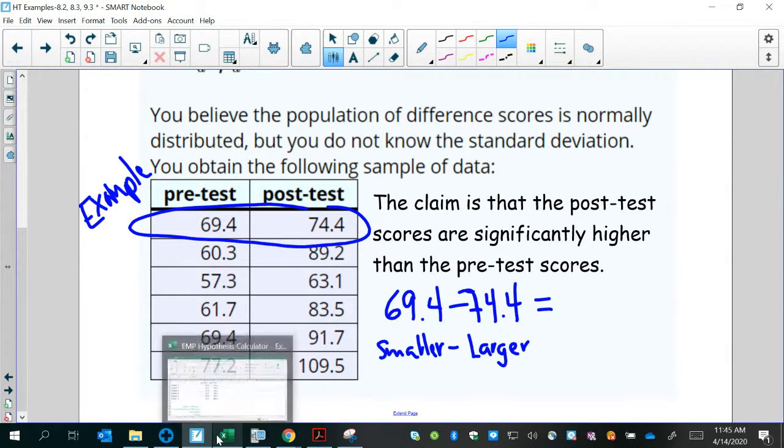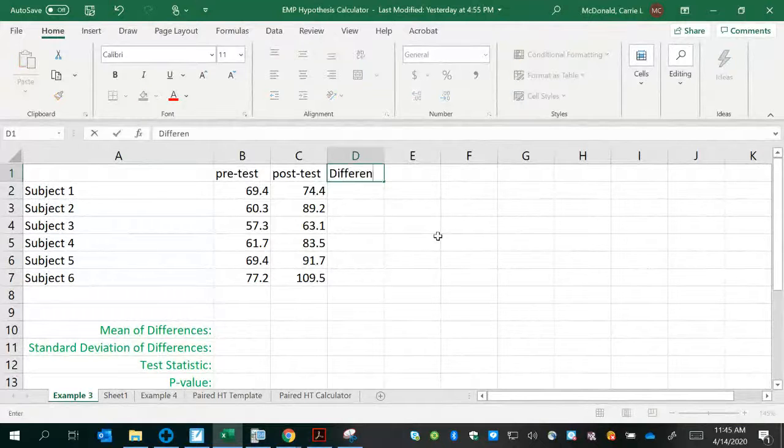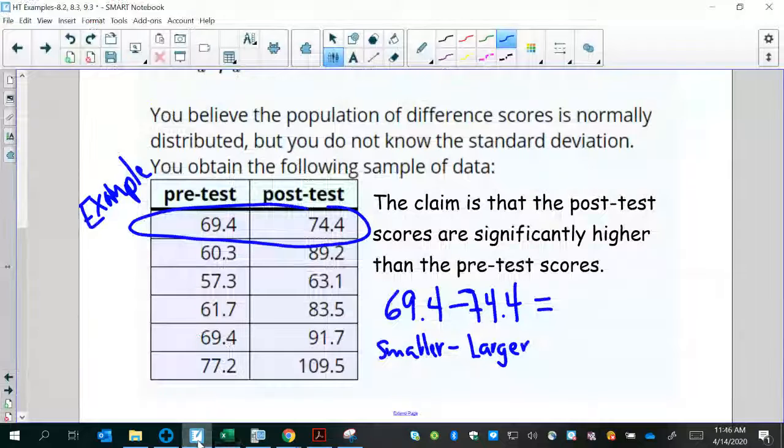Let's just calculate it. First sample minus second sample. So I got a difference of -5, as I should if I'm subtracting a larger number away from a smaller value. And I wanted to illustrate that because that shows us that we end up with a negative.